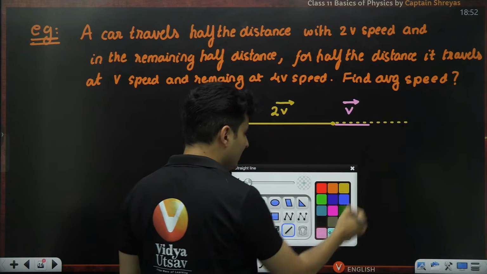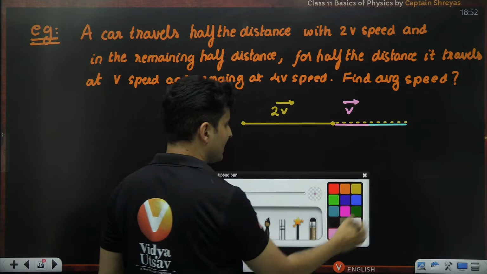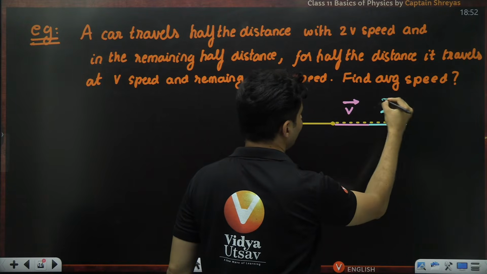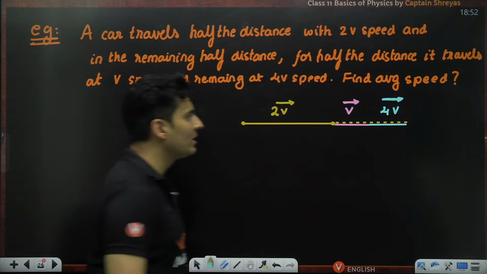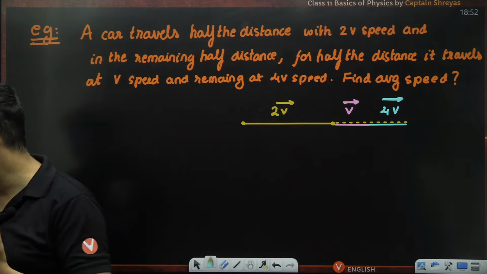And whatever is remaining over here, that same car travels with 4v speed. Are you now able to visualize this, everyone?